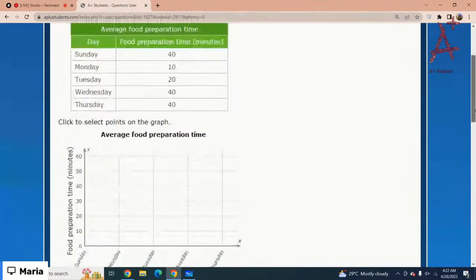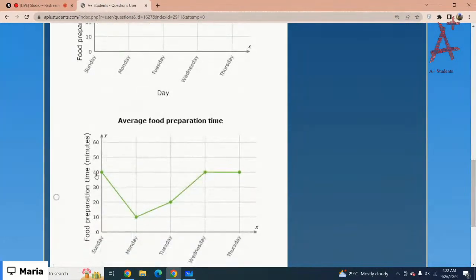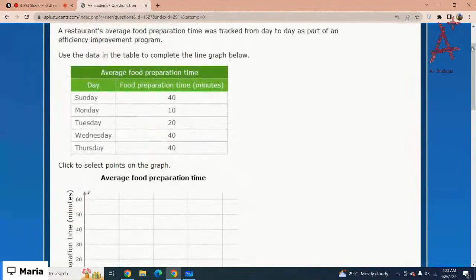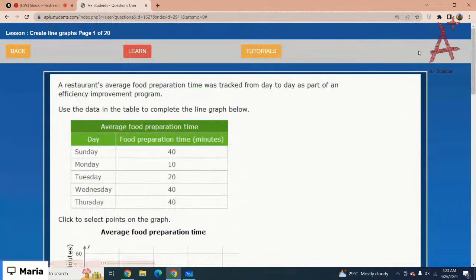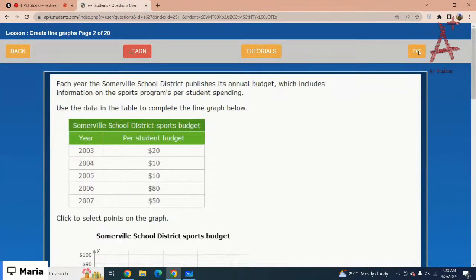So the second option is the correct one. Just select the correct option and click on the OK button. What I did is read the values from the table and match them to the graph.